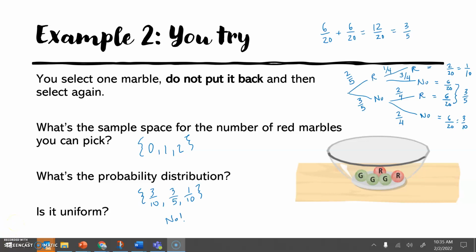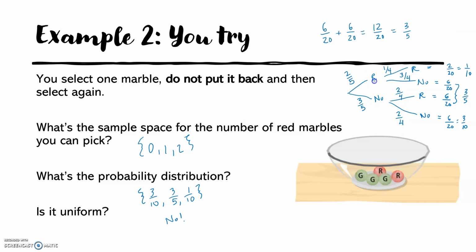Okay, here's my solution to that example. I made a tree. I made sure that my probabilities changed for my second draw because there were fewer marbles in the bin. When I did my second draw, if I'm holding a red marble, the probability that the second one is red would be 1 out of 4 because there's 1 red left. The probability that the second one is not red would be 3 out of 4.